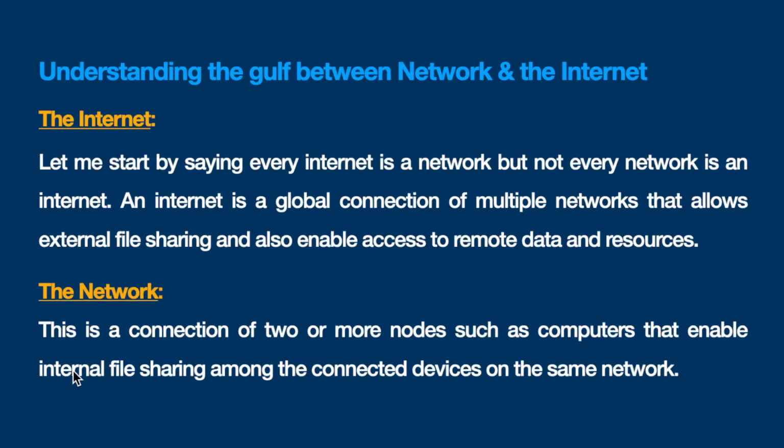So that does not have to do with the internet. That particular one is called a network. But you accessing global resources, such as what you are accessing today, is the internet. The network is a connection of two or more nodes such as computers.